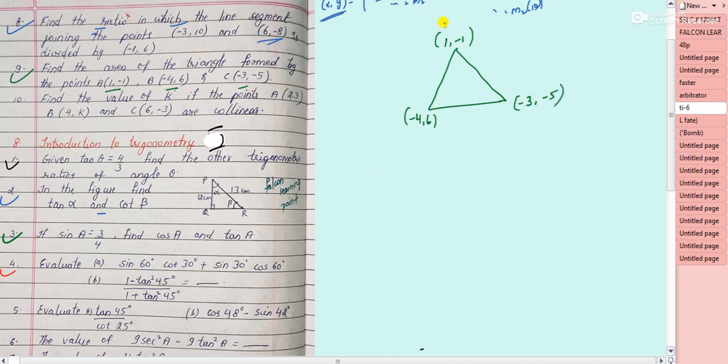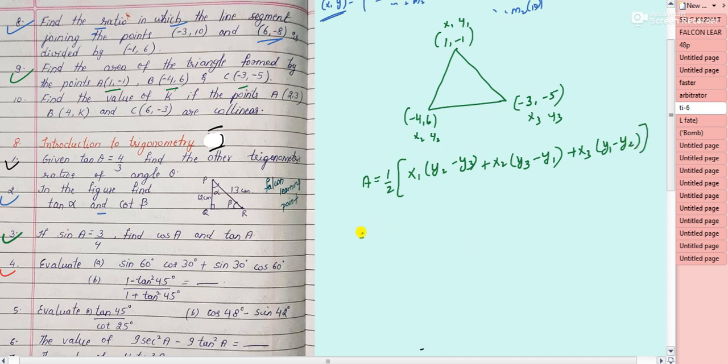Okay, so you can write this as x1 y1, x2 y2, and this as x3 y3. What is the area of the triangle formula? That you have to write first: x1 into (y2 minus y3) plus x2 into (y3 minus y1) plus x3 into (y1 minus y2).